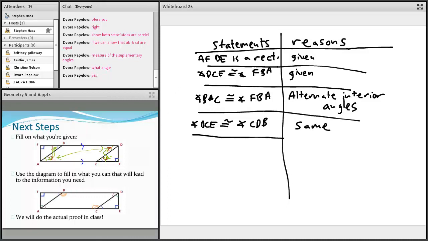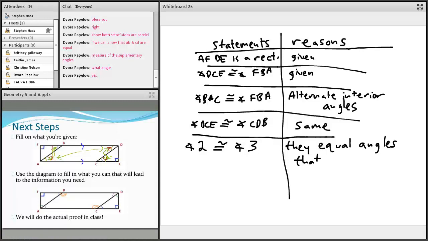So let's say over here that angle 2 equals angle 3 because they are angles that equal each other.